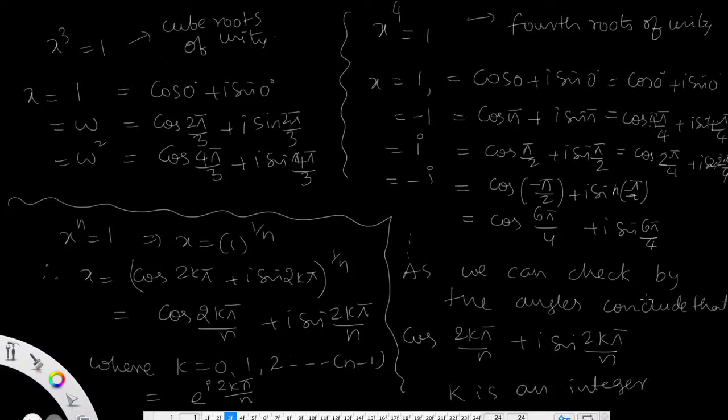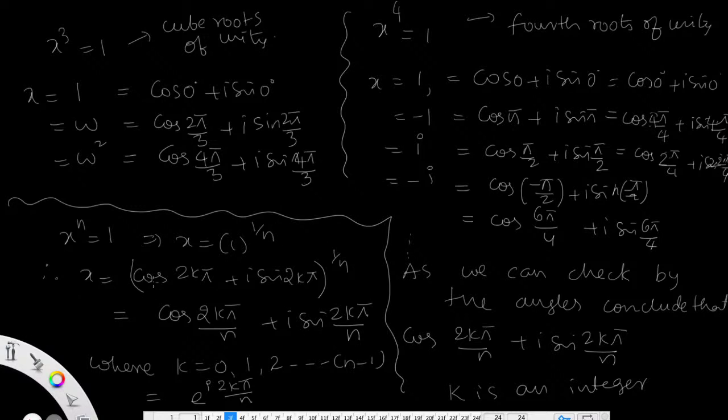So we can check the angles and conclude that the roots are in the form of cos 2k pi by n plus i sin 2k pi by n, where k is an integer. The nth roots of unity means x power n equal to 1, that is x equal to 1 to the power of 1 by n.